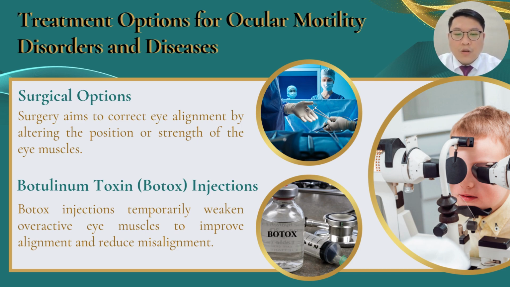Botulinum toxin, Botox, injection. Botulinum toxin injection offers a minimally invasive alternative for the management of certain ocular motility disorders. This injection temporarily weakens overactive or spastic eye muscles by blocking the release of acetylcholine at the neuromuscular junction.